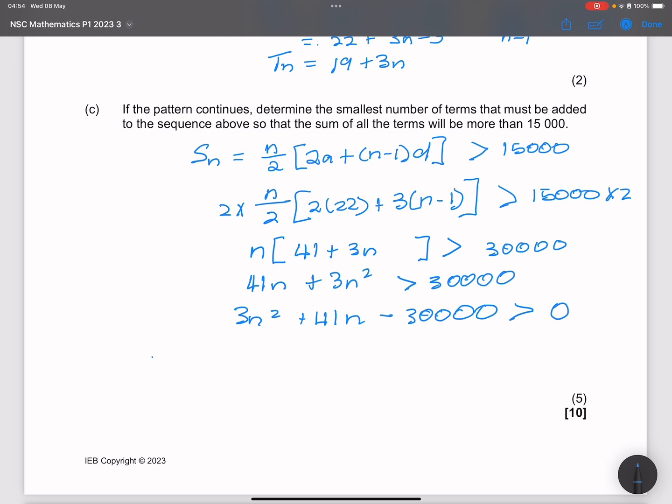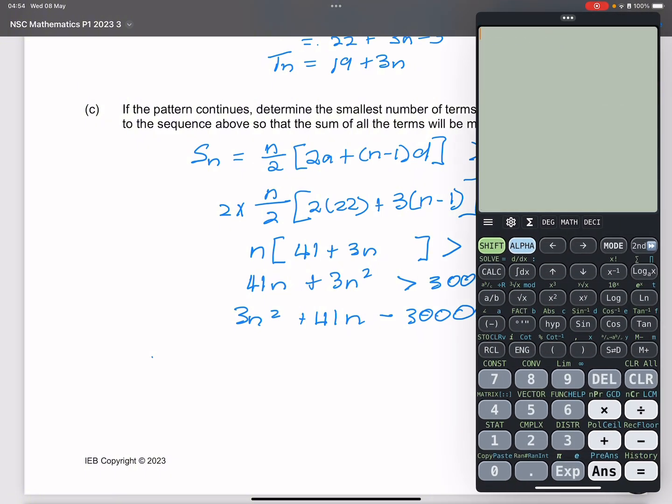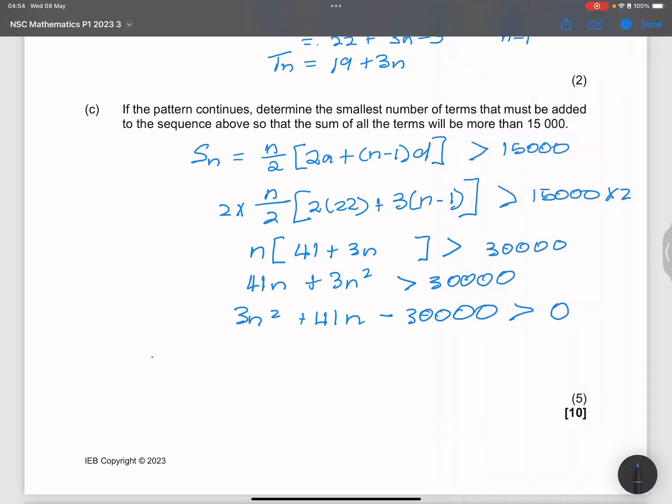Let's see. If we say 41 divided by 3, okay, that gives us a fraction. So, all right, we can't find the factors of 3 in this case. So we're going to say n is equal to minus b plus or minus the square root of b squared minus 4ac, I'm going to use the quadratic formula, divided by 2a.